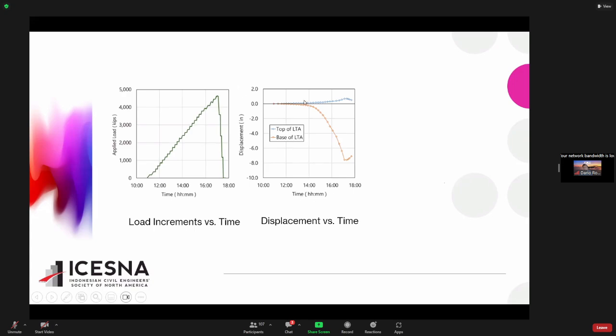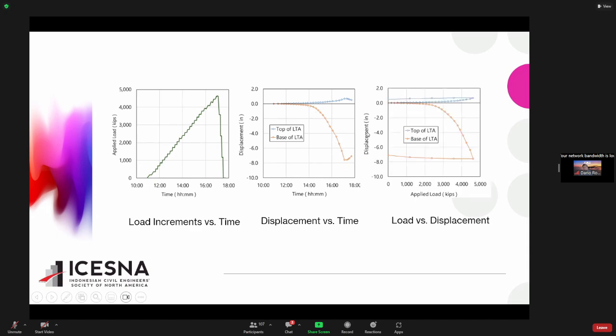The blue is the movement at the top, and the yellow is the movement of the bottom part. When you plot load against displacement, this is what you get. The top pile moved less than 1 inch, but the bottom pile moved 7.6 inches, which means that the tip resistance is fully developed.